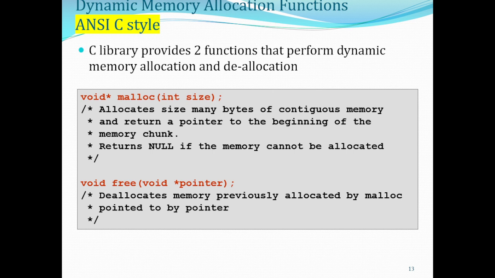So in ANSI C there are two functions, one is allocation, the other one is deallocation. Allocation function is called memory alloc, malloc. It's asking us to give size, which means how many bytes we are asking. And the free function basically frees the allocated space.